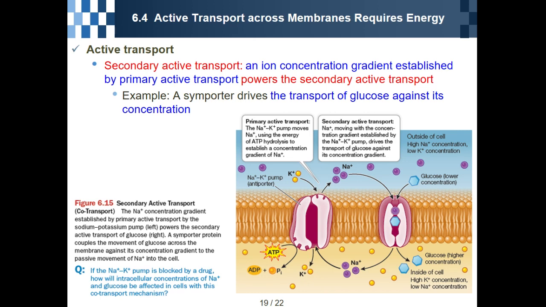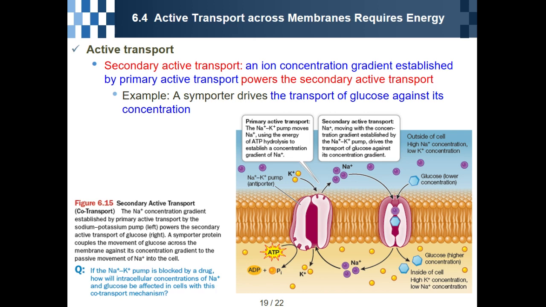So at that time, for example, glucose: outside the cell, glucose concentration is very low. However, inside the cell, glucose concentration is very high.